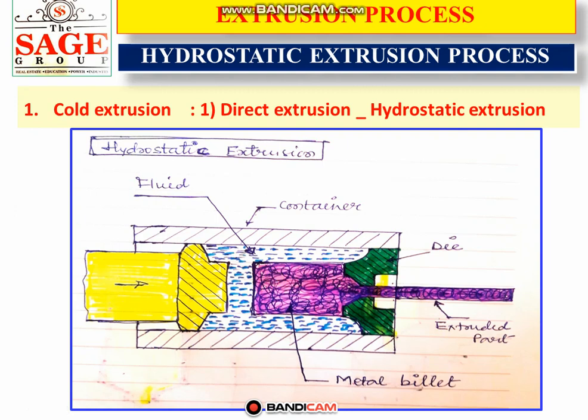So in this method, this fluid medium is used. Why is this fluid medium used? It eliminates the frictional forces between the walls of the container and the surface of the metal billet, which occurred in the hot direct extrusion process.